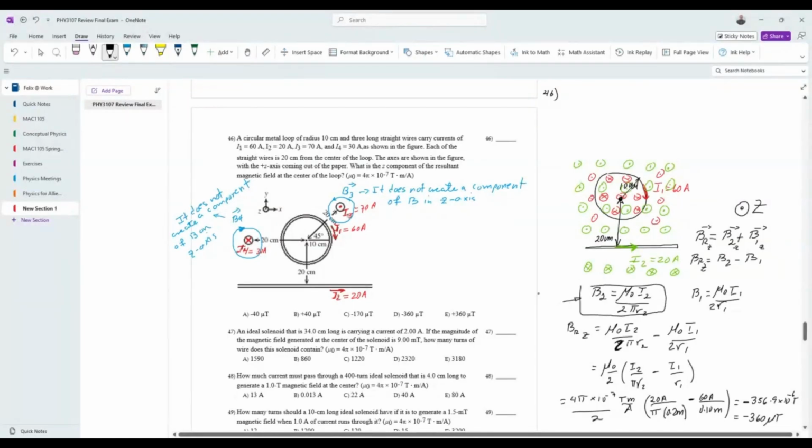This is the equation for the magnetic field due to a straight wire. And this is the formula for the magnetic field at the center of a loop.